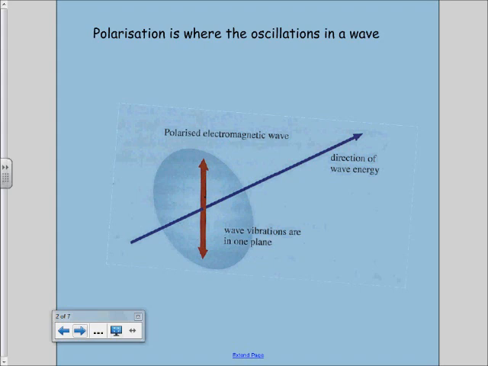And so I'm going to quote you the definition from the dictionary here, where it says that polarization is where the oscillations in a wave are confined to one direction only.